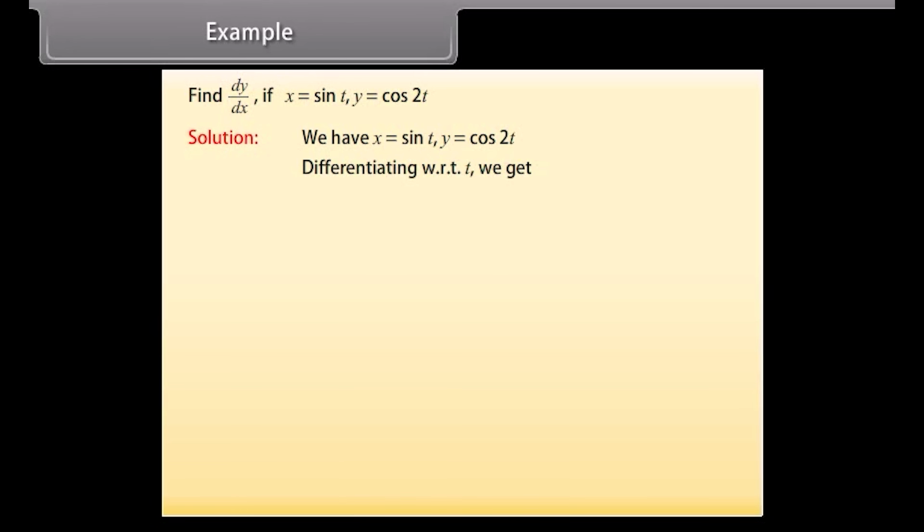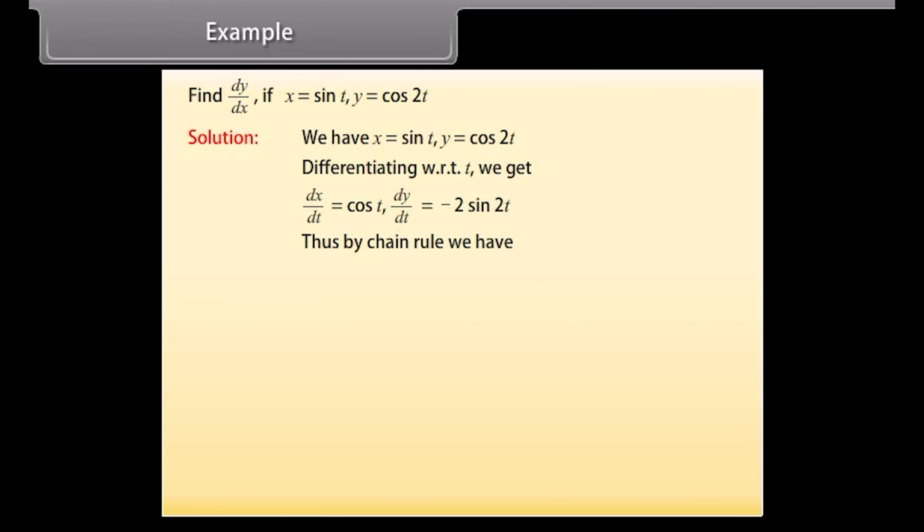Example: find dy by dx if x is equal to sin t, y is equal to cos 2t. Solution: we have x is equal to sin t, y is equal to cos 2t. Differentiating with respect to t, we get dx by dt is equal to cos t. Dy by dt is equal to minus 2 sin 2t.